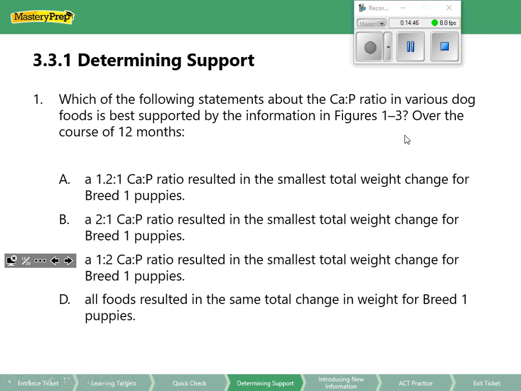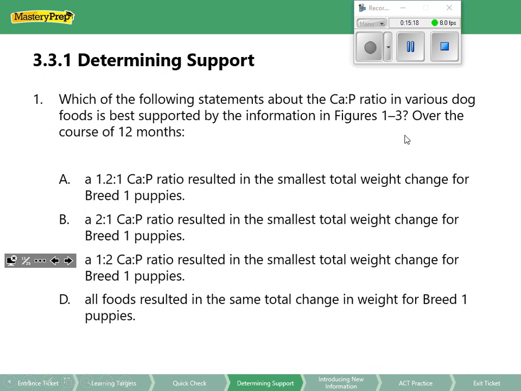So answer choice A is talking about the first figure. Breed 1 puppy would be the line with a circle spaced out across it. So it's saying that it resulted in the smallest total weight change. So the smallest amount across all of them. Well, that's going from 2 to 8 pounds. So that means a change in 6 pounds, yes?